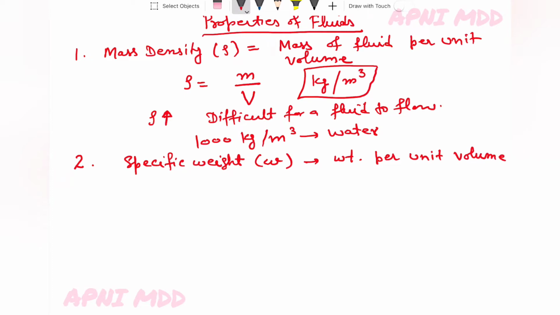So you can say specific weight is defined as weight of fluid per unit volume. Okay. So w we can write as, the formula is weight divided by volume. Now its SI unit for weight is Newton and for volume is meter cube. So this is Newton per meter cube. Okay. Now the other name of this specific weight is weight density.